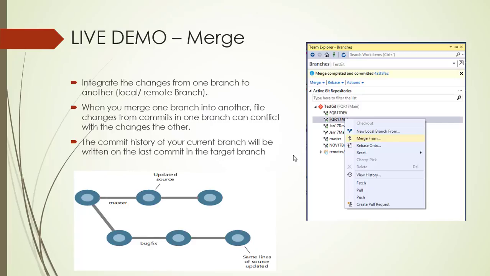I will show you how we are going to resolve the merge conflicts also. When you merge the changes into the current branch from another branch, the target branch gets a new merge commit, which appears in the history.